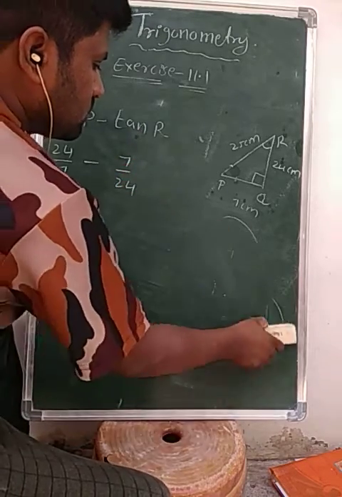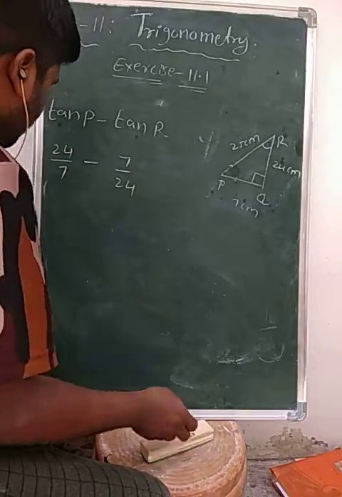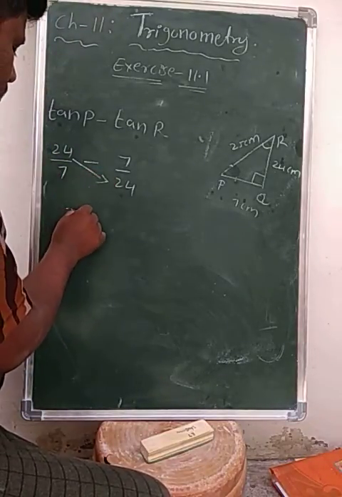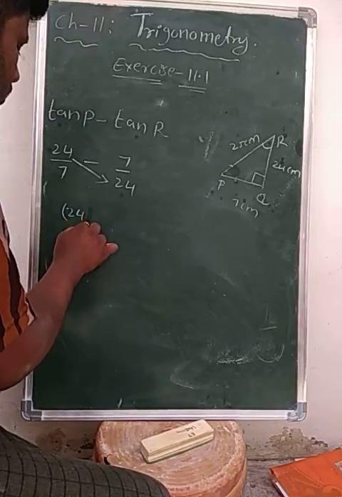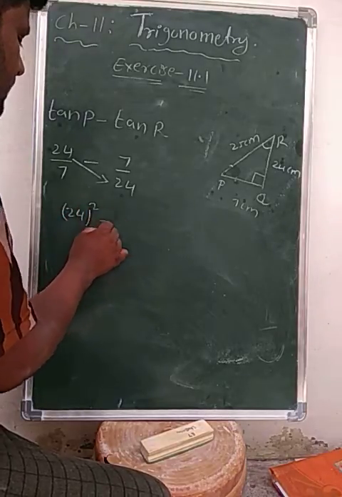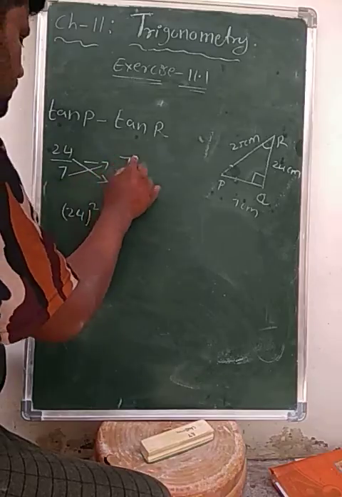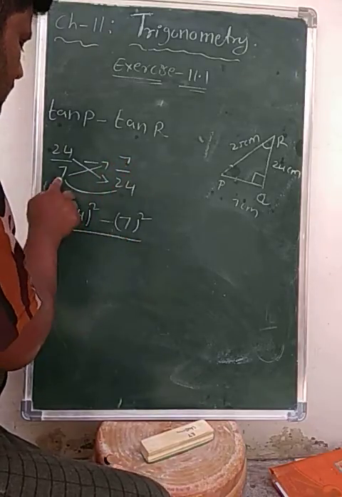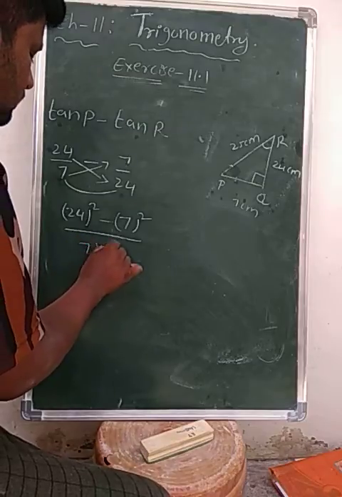Doing the cross multiplication, 24 into 24, that is 24 squared, minus 7 into 7, that is 7 squared, by the denominators 7 into 24.